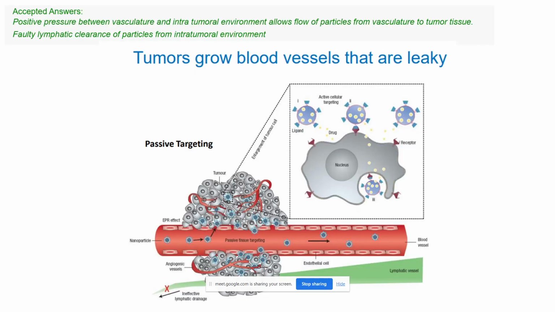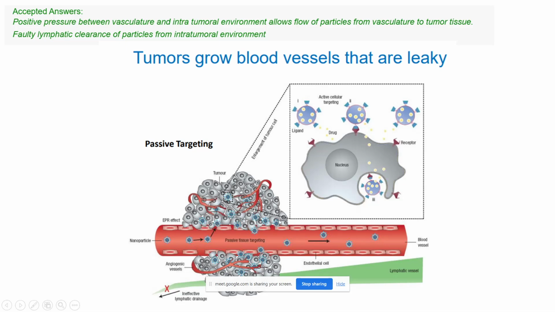So EPR, or enhanced permeation and retention effect, is basically when, so this is a tumor, and this is the tumor environment, and this is your blood vessels.